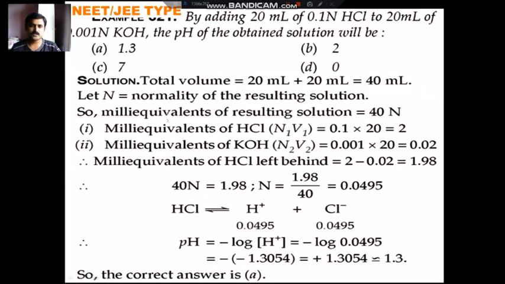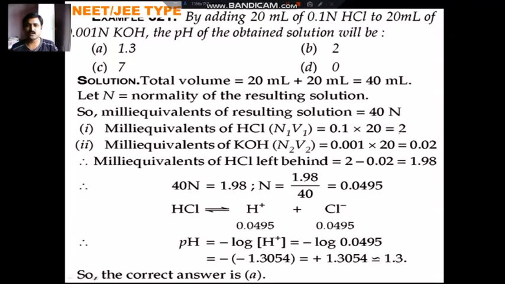See the next question. By adding 20 ml of 0.1 N HCl to 20 ml of 0.001 N KOH, the pH of the obtained solution will be. See, the total volume is 40. For the normality of the resulting solution, milliequivalents of HCl is 2.